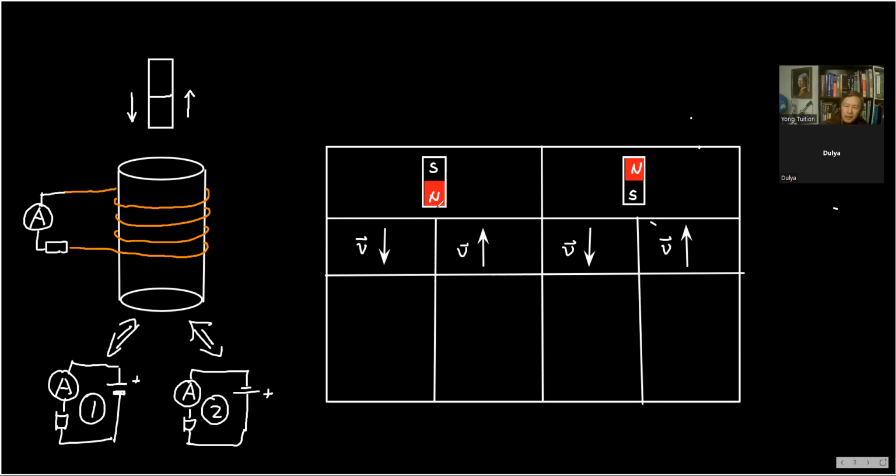When the north pole is down and moving downward, we know the current now. Do you agree? I will just draw this one first. Maybe I will draw this cylinder here so you understand. This is better than a textbook.